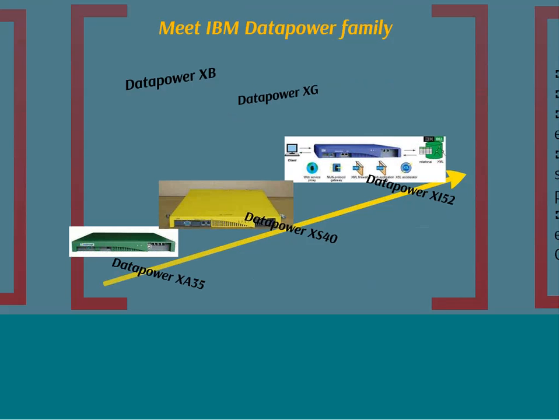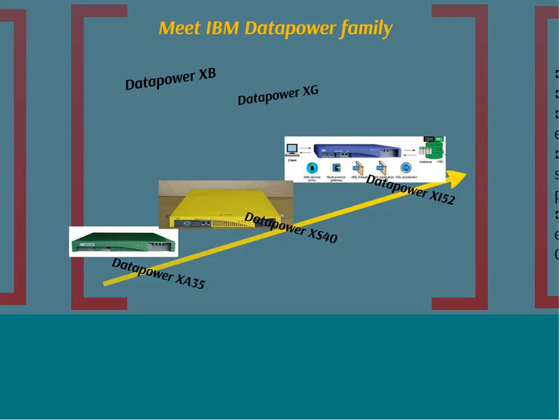Then comes DataPower XS40, which is a security appliance mainly found in the DMZ zone in the enterprise. And then we have DataPower XI52, which is a top level appliance, and it has all the integration features. It has all the features that DataPower XS40 and XA35 provide.